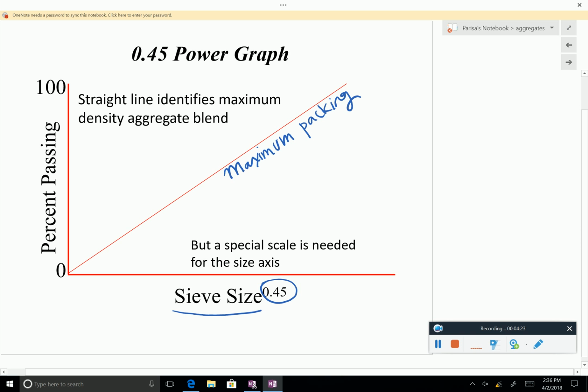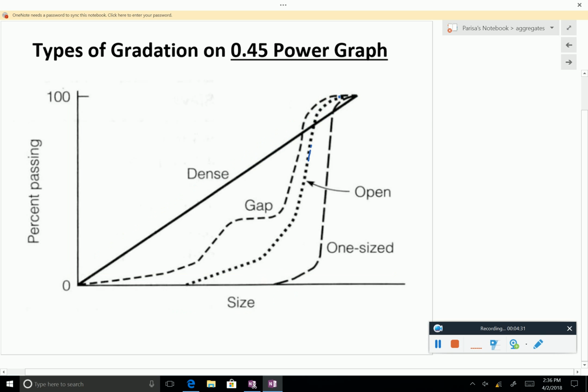But this is a very ideal situation. We don't live in an ideal world. So typically, our gradation would look not like that. So if you look at a 0.45 power graph, so this is size to the power of 0.45 again, the densest is this line that we just talked about.